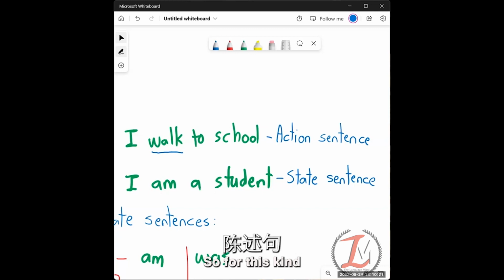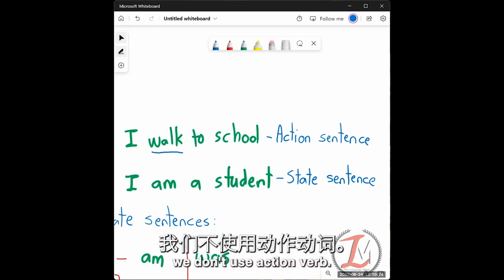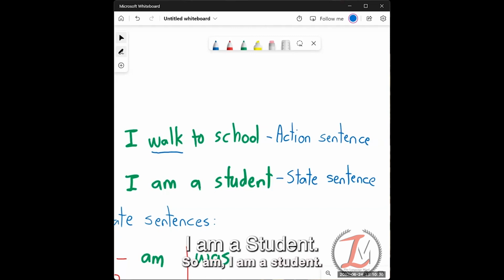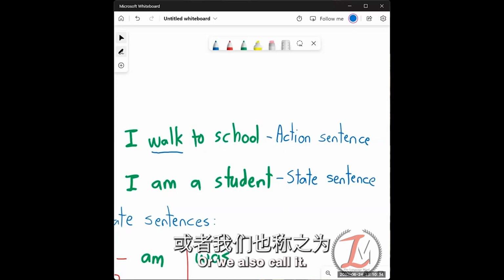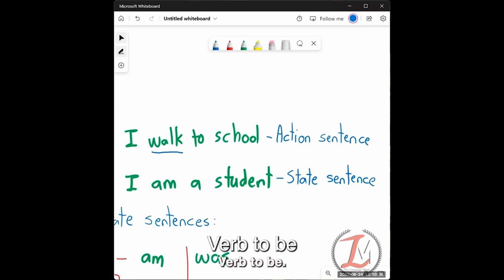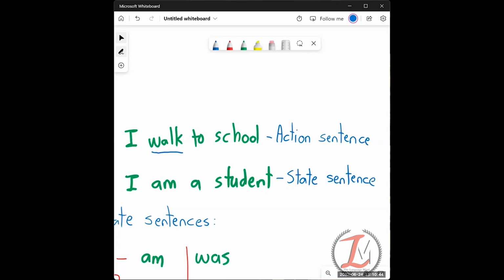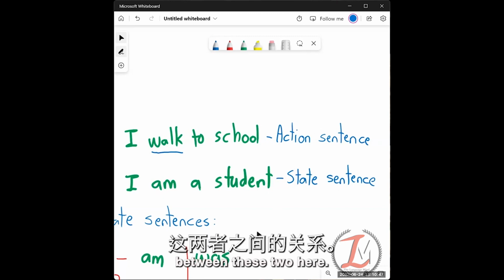For this kind of state sentence, we don't use action verbs. We use be verb. So am, I am a student. Am is a be verb, or we also call it verb to be. Okay, be verb or verb to be. You have to know the difference between these two here.